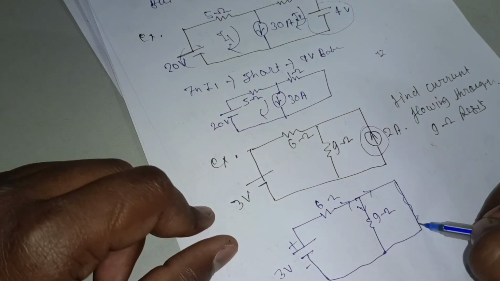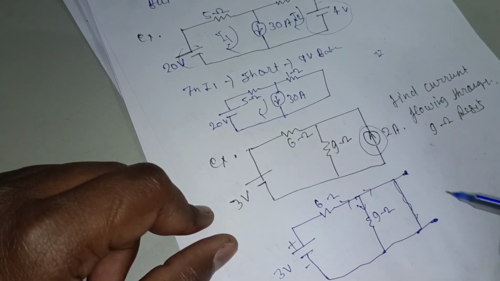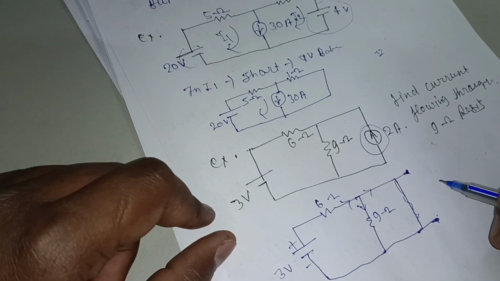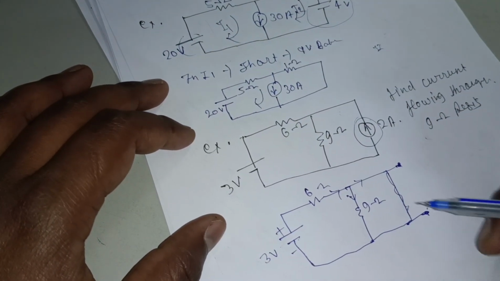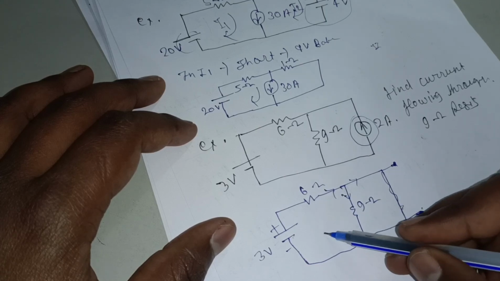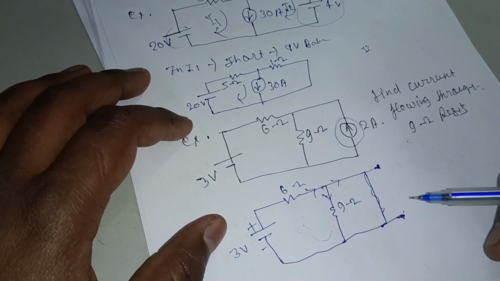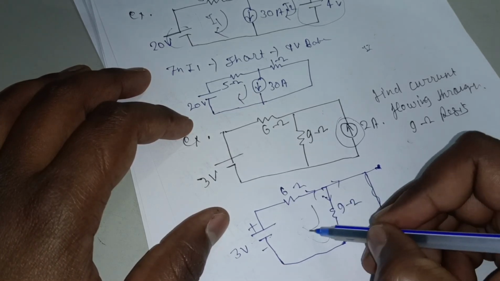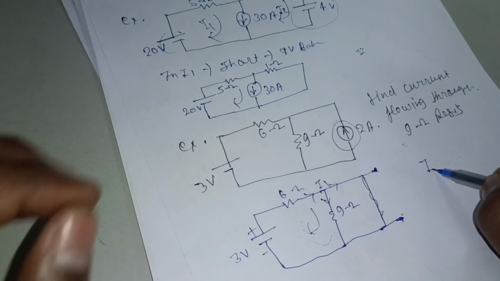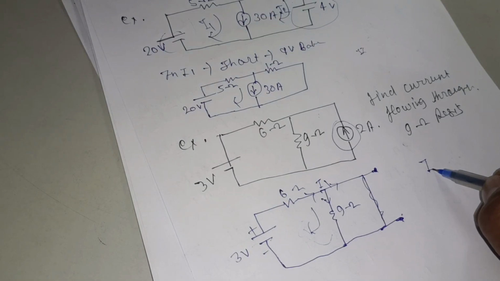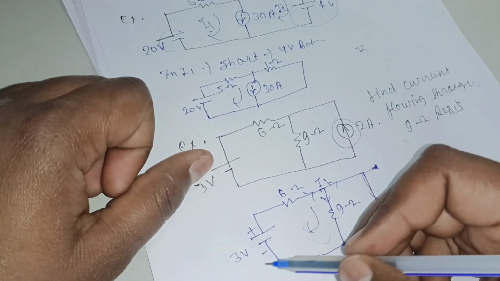So if we have totalized it, then we can simply do this. Now we are adding the resistance. So it is I1. Here we can see there are 2 resistances and 1 battery.